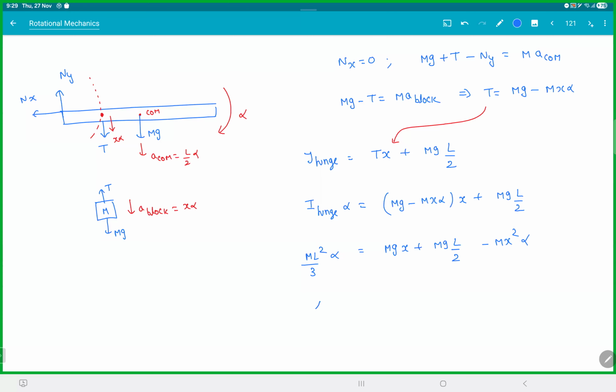So alpha will be, m will cancel everywhere, g into x plus L by 2 over ml square by 3. But luckily, if you actually observe, the whole answer will come as if the block is attached to the rod at that point. But this is your alpha. The m is cancelled.